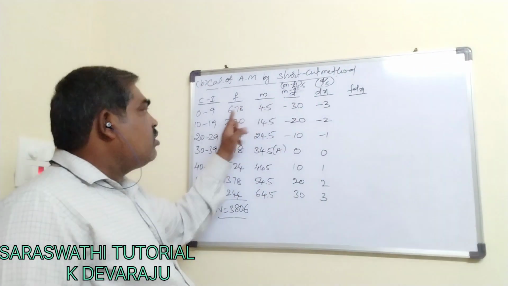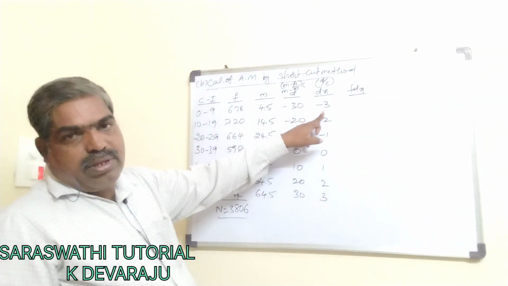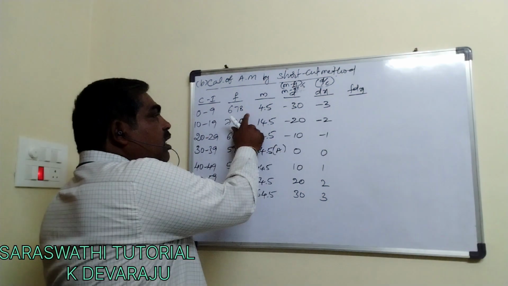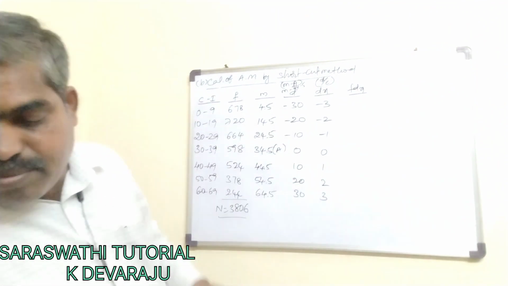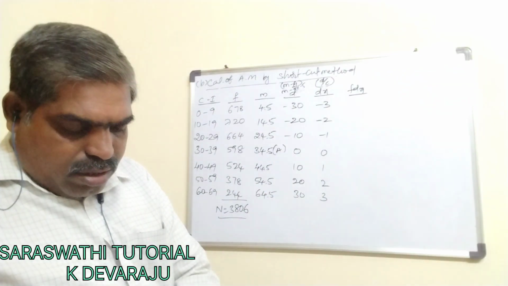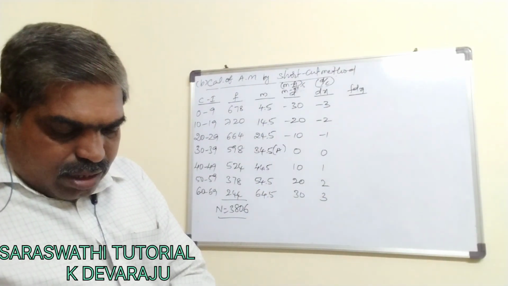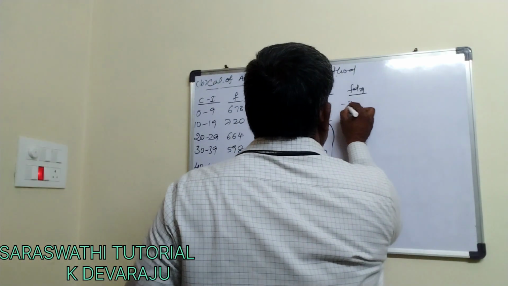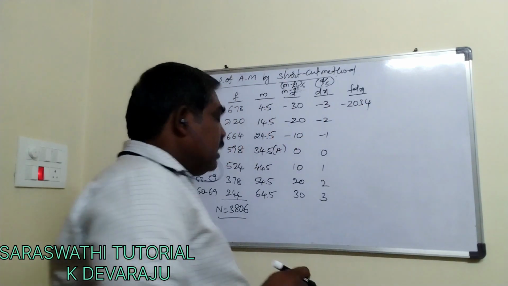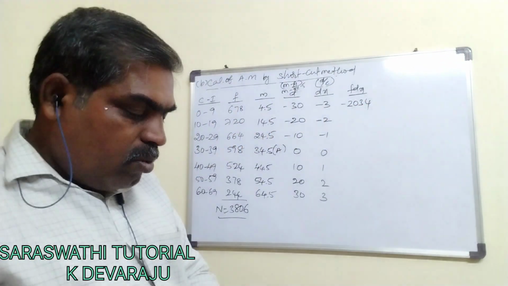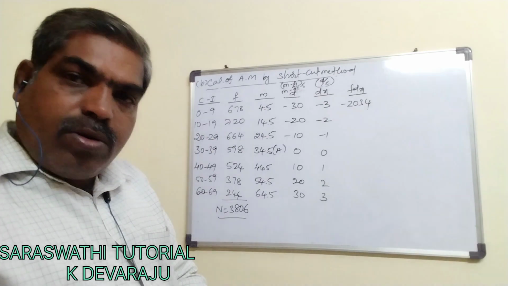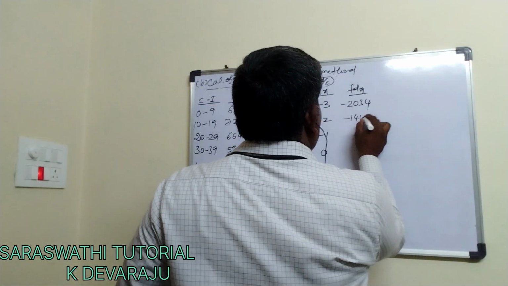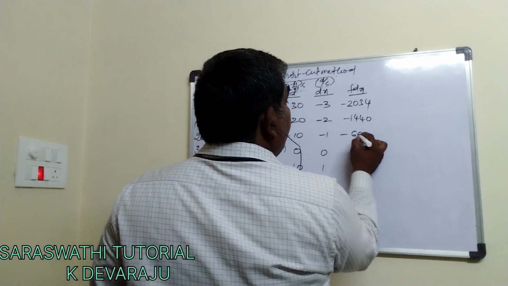Now these frequencies are multiplied with Dx, as usual. 678 into minus 3 is minus 2,034, plus into minus is minus. Next, 720 into minus 2 is minus 1,440. 664 into minus 1 is minus 664.